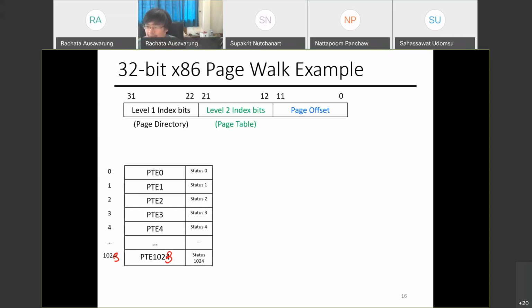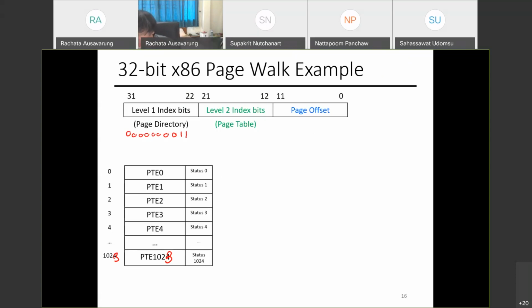So let's say my index bits for level 1 here are 0, 0, 0, 0, 0, 0, 0, 0, 1, 1.